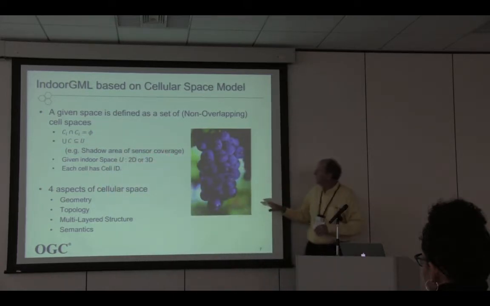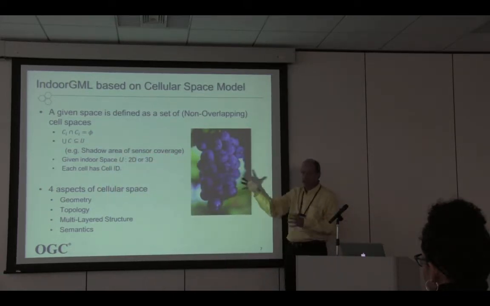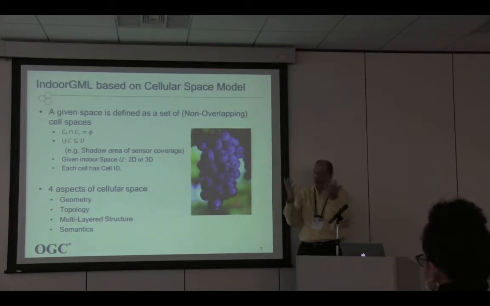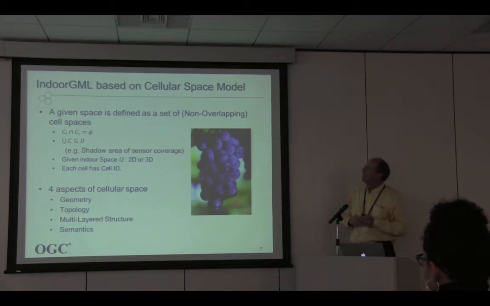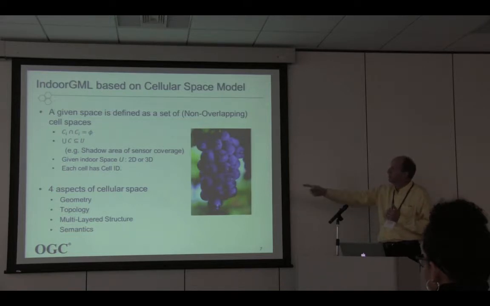And so the union of all of these grapes is the bunch of grapes. Okay, so that's the metaphor that goes behind IndoorGML as a cellular space model. And you know, that's nice to know. Why do I care? It helps us to do the things about geometry, topology, multi-layered space structure, and semantics. Hopefully that makes a little bit of sense.